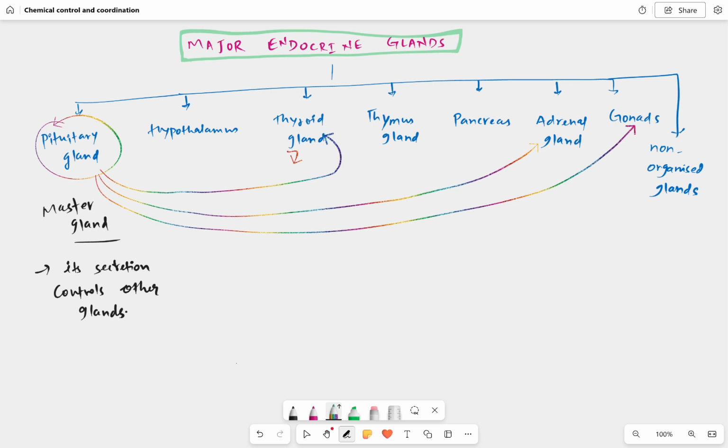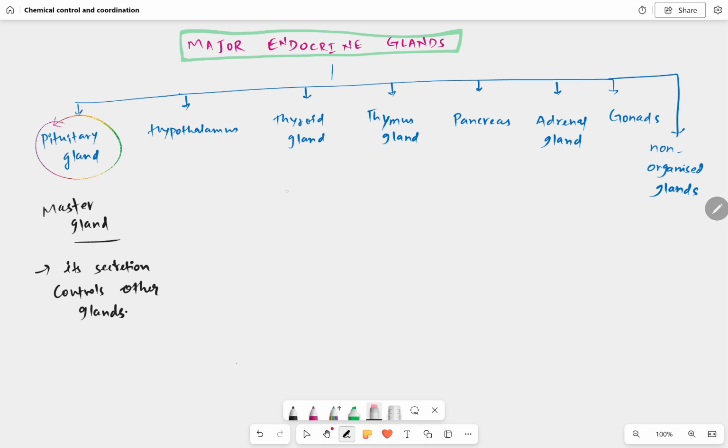So at that time it was thought that the pituitary is commanding other glands, and so it was named the master gland, because as their roles suggest, they are mastering, they are guiding the other glands for their role and action.